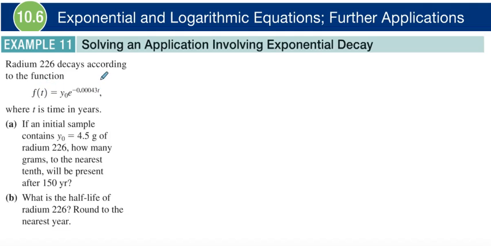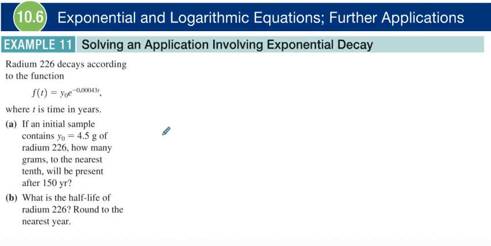What we want to know is, if an initial sample contains 4.5 grams of this radium 226, how many grams, to the nearest tenth, will be present after 150 years? It just sits there. We don't have any other information about weathering and other elements, but what would you get?